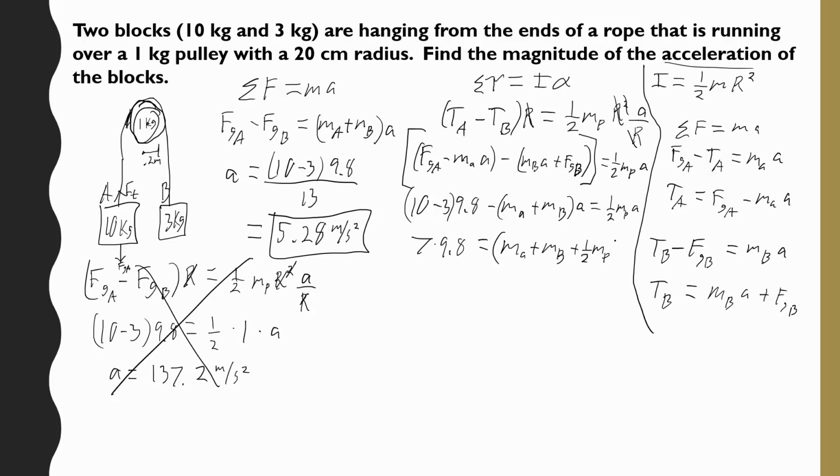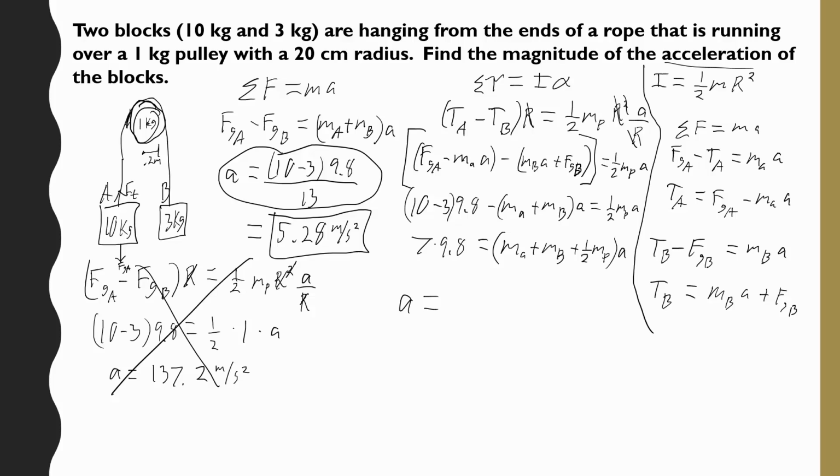So essentially we get what we had over here, right? We're going to have 7 times 9.8 divided by 13. Only we have to factor in the mass of the pulley, but it doesn't factor in completely. It's only half the mass of the pulley that factors in, so it's going to divide by something a little bit larger.